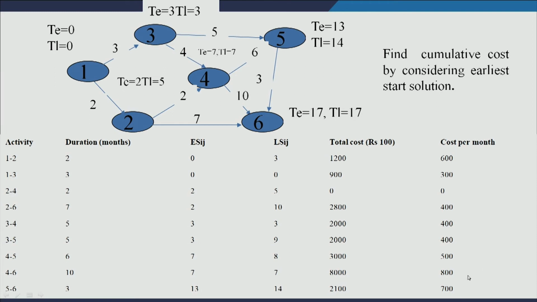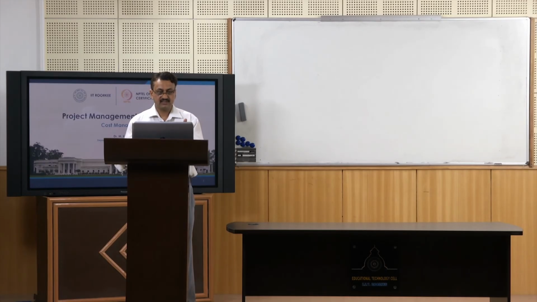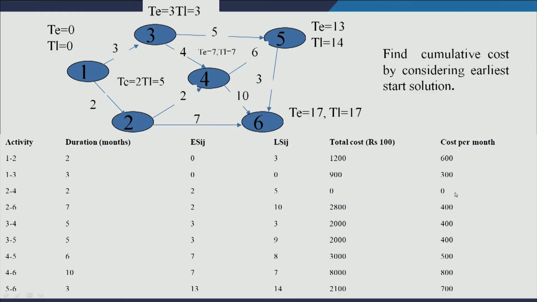Now, I know that I have to complete this project in 17 days. If I start all these activities at their earliest times, then I will complete this project in 17 days and I will be incurring this much cost for each activity. So, I can do the cumulative cost analysis here. Let us look at what the outlay is on the very first day for this project.